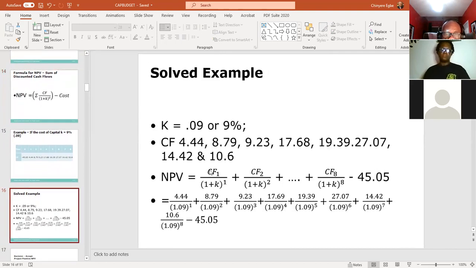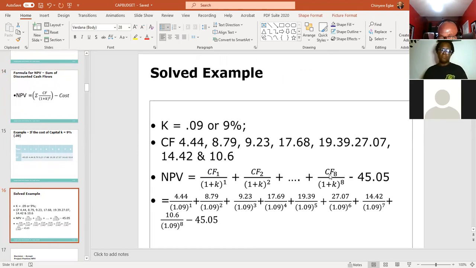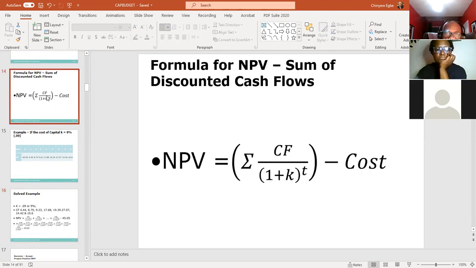All right. So here is a way you write out the formula. Cash flow for the first period divided by 1 plus K to the power 1. And then for the second period, divided by 1 plus K to the power 2. And you go on and on until you get to the last cash flow, which is what we have here. So this is the sum of discounted cash flows.